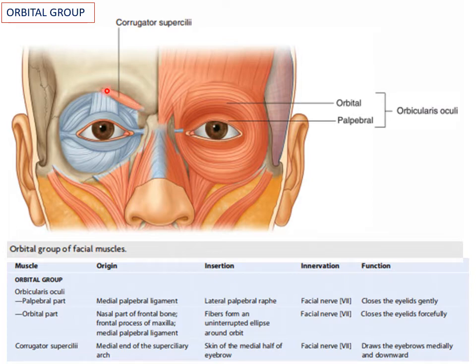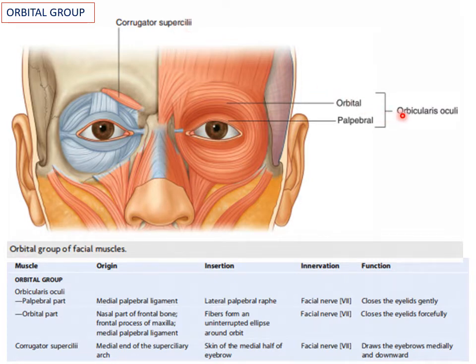The function of the corrugator supercilii is that it draws the eyebrows medially and downward, because it is inserted into the skin of the eyebrow. So this is the function of the corrugator supercilii.